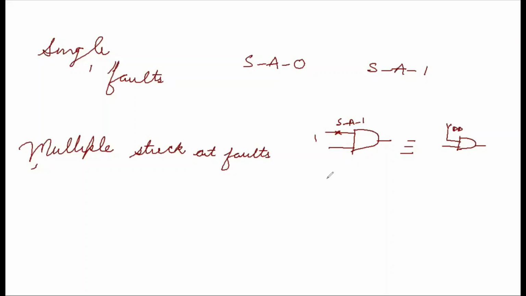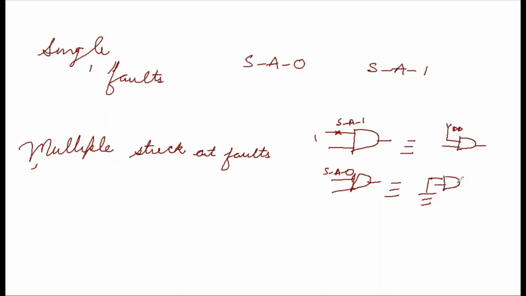Similarly, sorry for this bad handwriting, but okay, suppose I have stuck-at 0 here. So stuck-at 0 is equivalent to this particular node or input being grounded. It is behaving as that.